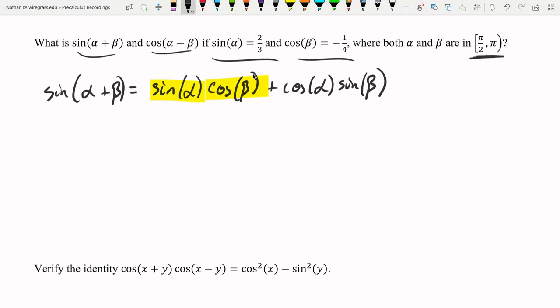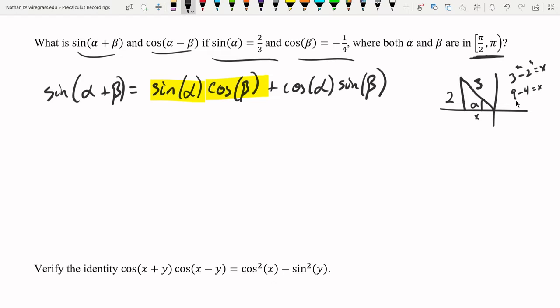To do that, we can just create a right triangle out of this. Sine alpha equals 2 over 3. We're in the second quadrant, so I should draw it on the unit circle. This is going to be alpha. Sine is opposite over hypotenuse, so opposite is 2, hypotenuse is 3. That means the third side is, 3 squared minus 2 squared equals, I'll name this x squared, 9 minus 4.